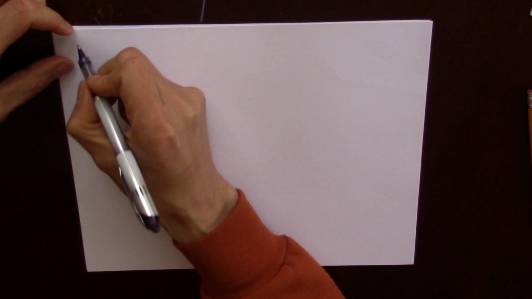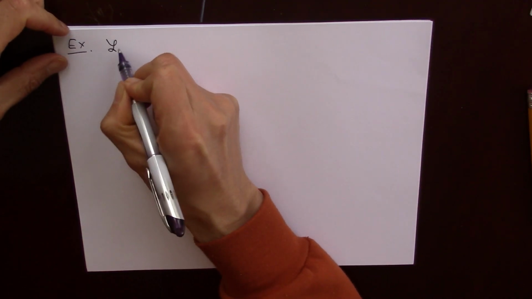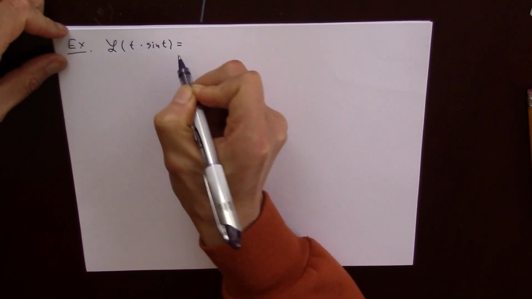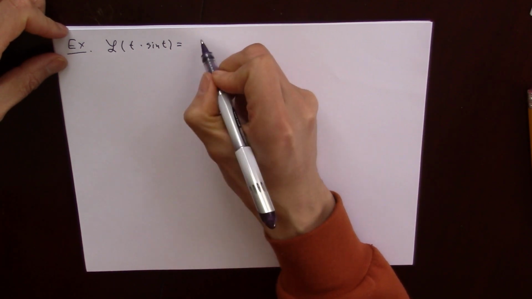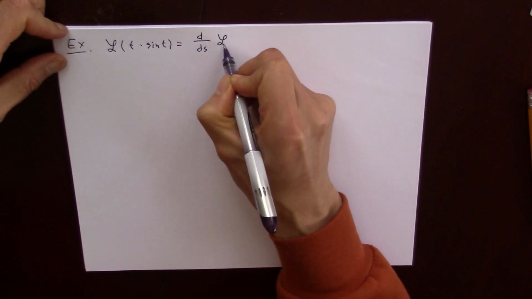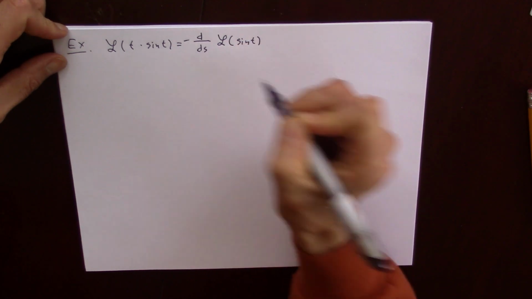Next example, we want to take Laplace transform of t times sine of t. When we take Laplace transform of t times something, we will take the derivative with respect to s of Laplace transform of a function. Don't forget minus.